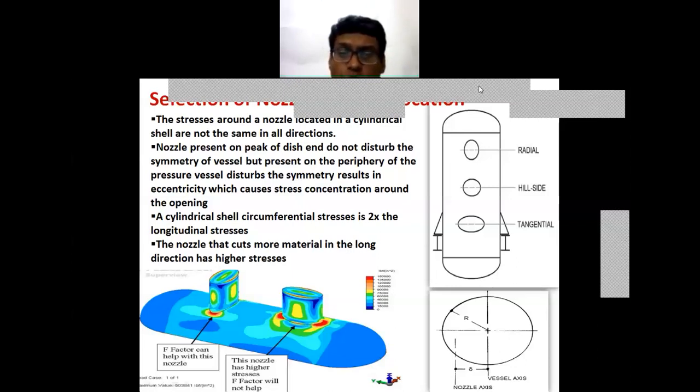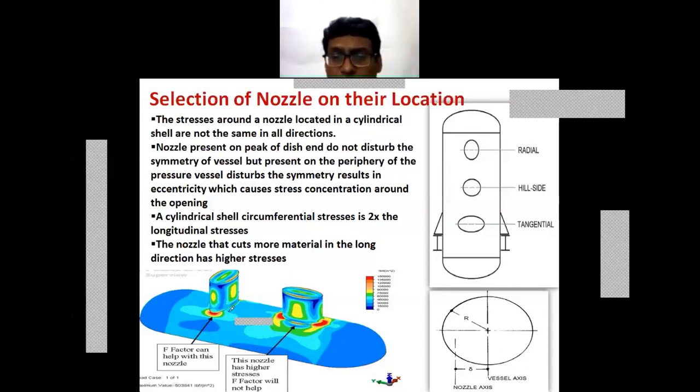Now there are two nozzles, one in the longitudinal direction and one in the circumferential direction. In this case, the red portion is going to provide the stress concentration, and more stresses will be observed in this red area.